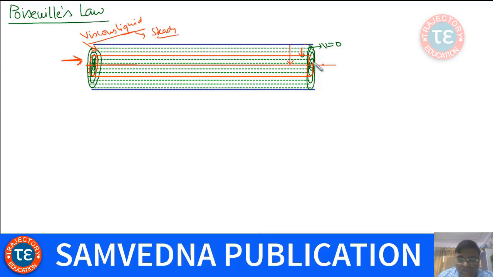Since the layer just above the cylindrical surface will have lower velocity, this layer will have a lower velocity compared to this layer. So these layers will exert a viscous force in this direction, a viscous force in the direction opposite to the flow. The liquid is flowing in this direction.